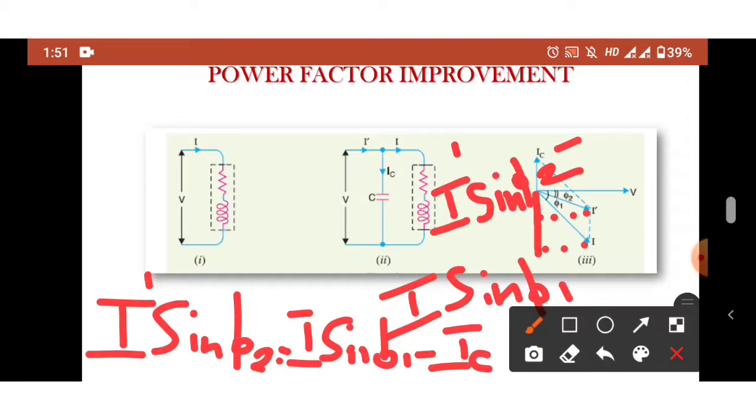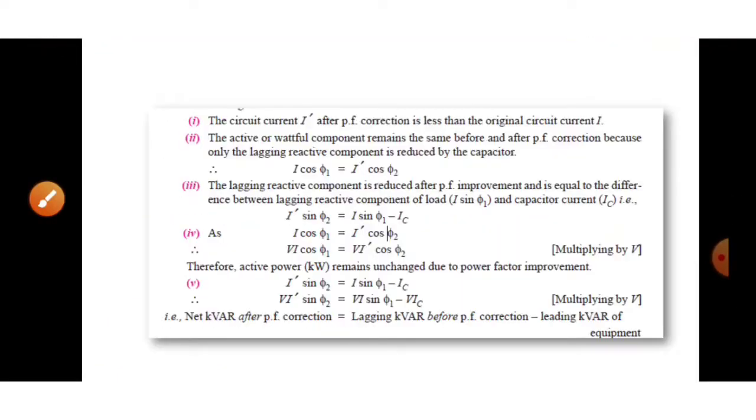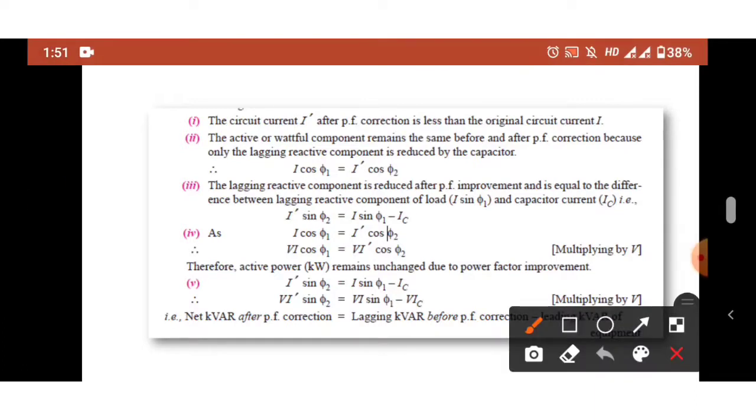That is, by using a capacitor, I sine phi 1 is reduced. That is, IC neutralizes I sine phi 1. Thus, the power factor is improved. So, we can say that I dash sine phi 2 is equal to I sine phi 1 minus IC.